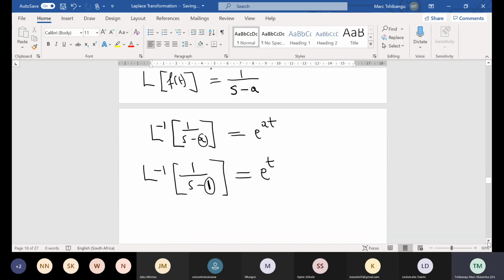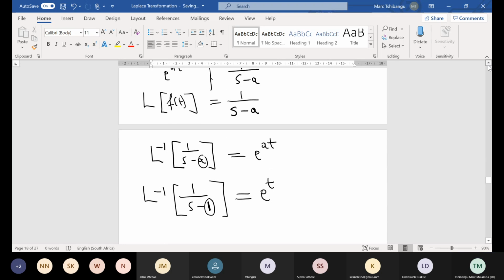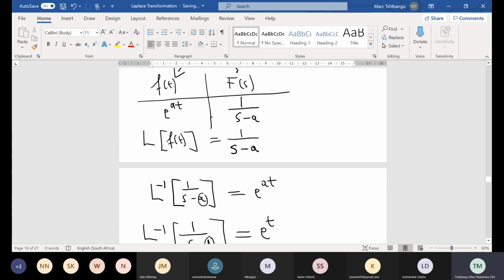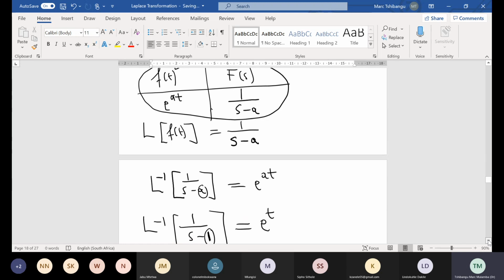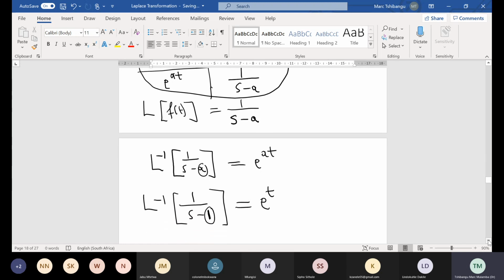So we can still focus on this table, where we know that the inverse Laplace transform of 1 over s minus a is e to the power of at. But now we want to find the inverse Laplace transform of 1 over s plus 1.